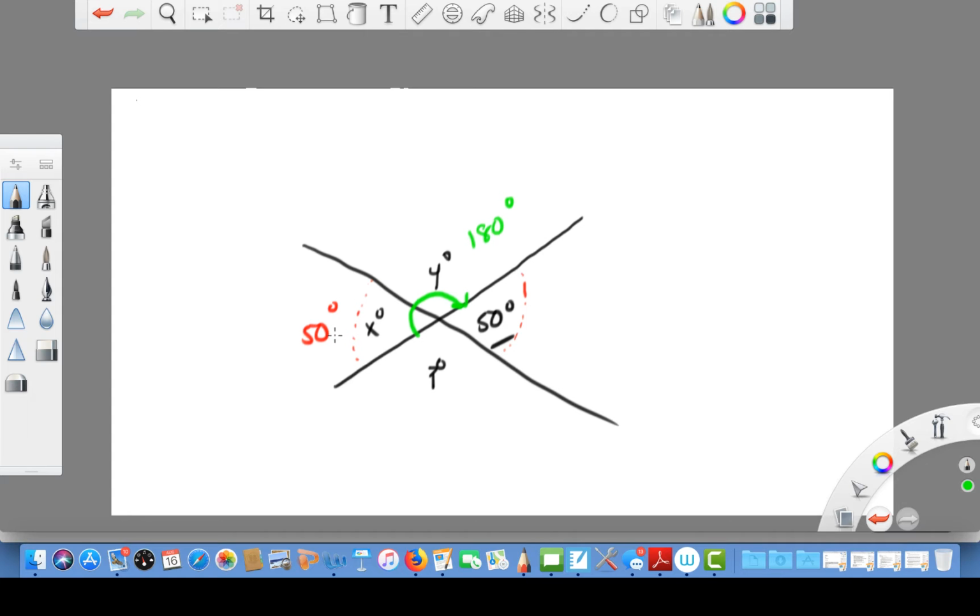So if we have 50 degrees and we subtract it from 180, that means that we can come up with what y is. And you'll notice that because this is 50 degrees and this is 180, 180 minus 50 gives us 130 degrees. So that means that this quadrant, degrees y equals 130, which is exactly what p equals as well.